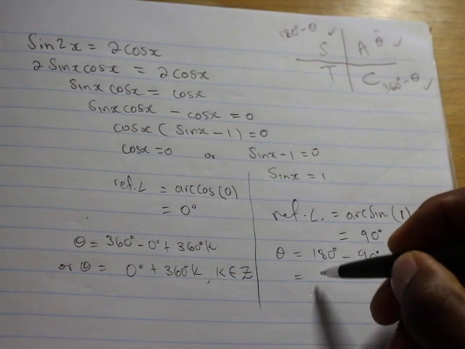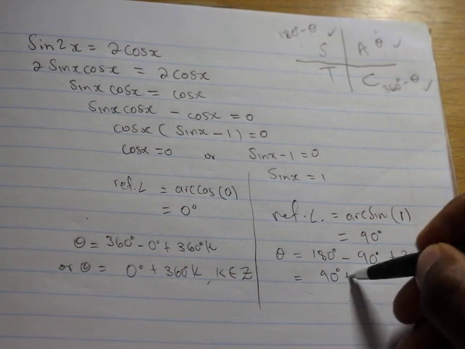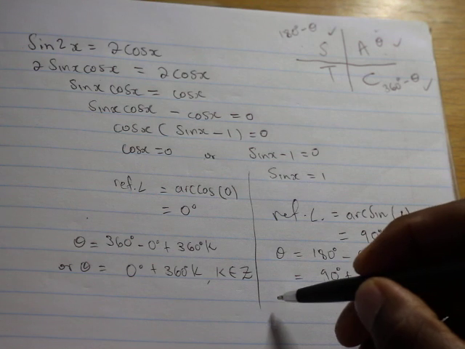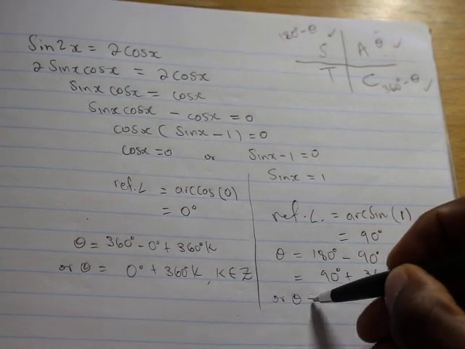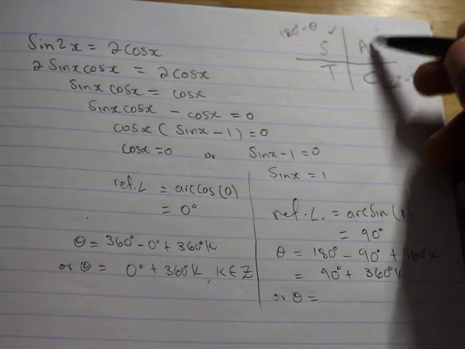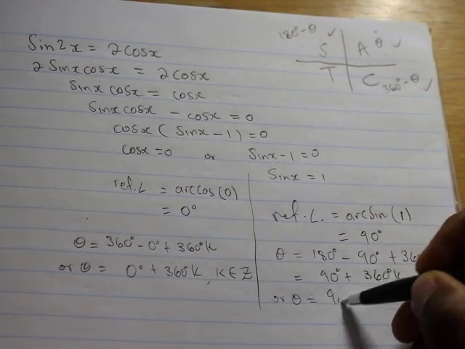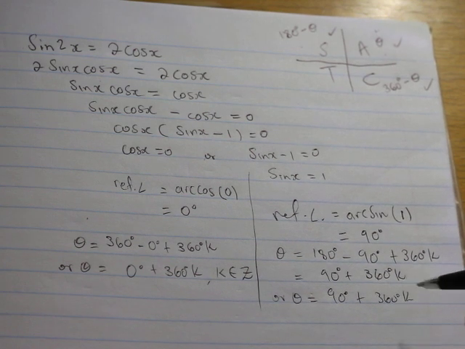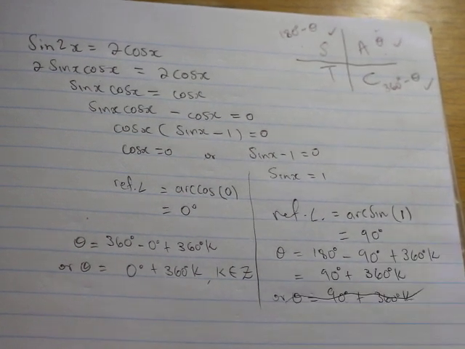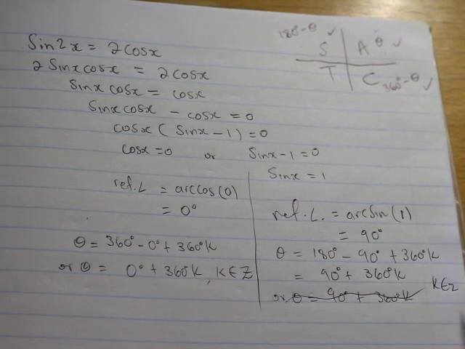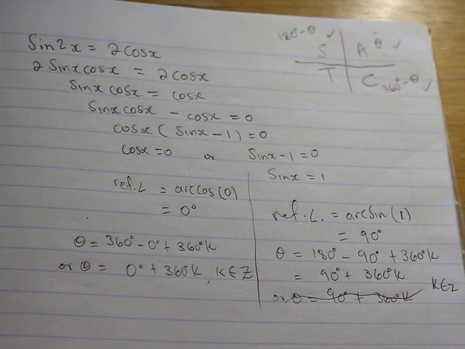That just becomes what? 90 degrees plus 360 degrees times k. Or our theta becomes equal to just the reference angle, so 90 degrees plus 360 degrees times k. Okay, so the solutions are the same, so we're just going to keep one, but we know that k is an integer. So that is that, ladies and gentlemen.